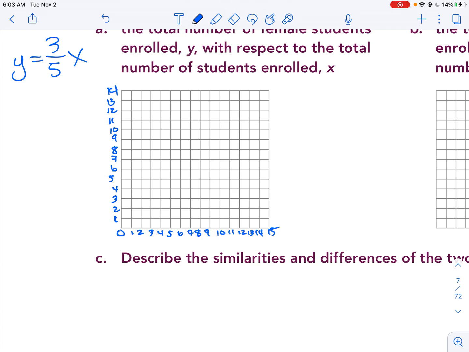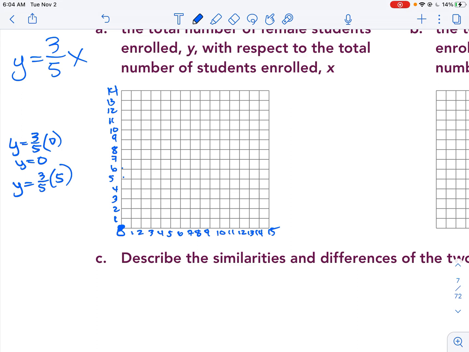If I had 0 students and I was going to plug that in, y equals 3/5 times 0. Y would come out to be 0. And I'm going to pick by 5s because the denominator is 5.